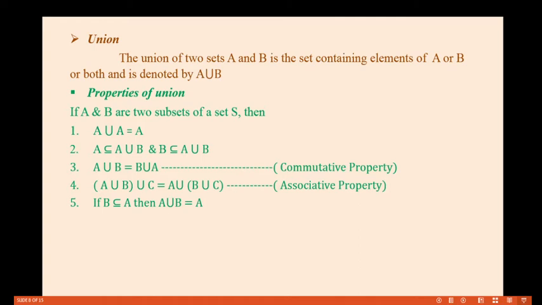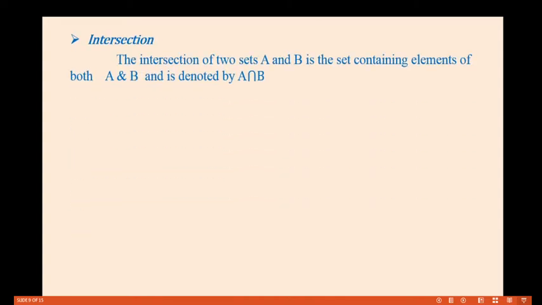If A and B are two subsets of a set S, then A union A is equal to A. A is a subset of A union B and B is a subset of A union B. A union B is equal to B union A, that is the commutative property. A union (B union C) is equal to (A union B) union C, that is the associative property. If B is a subset of A, then A union B is equal to A.